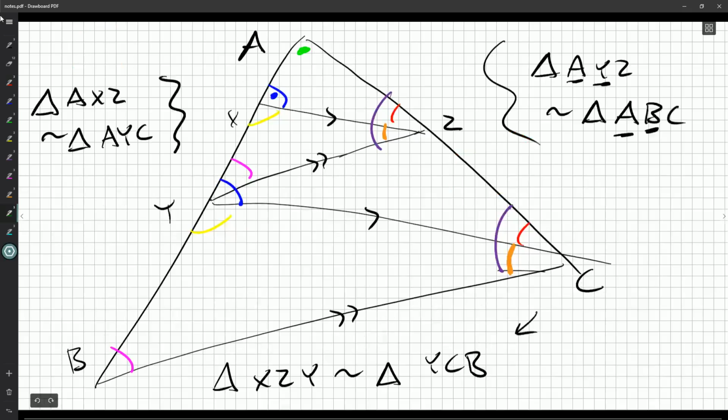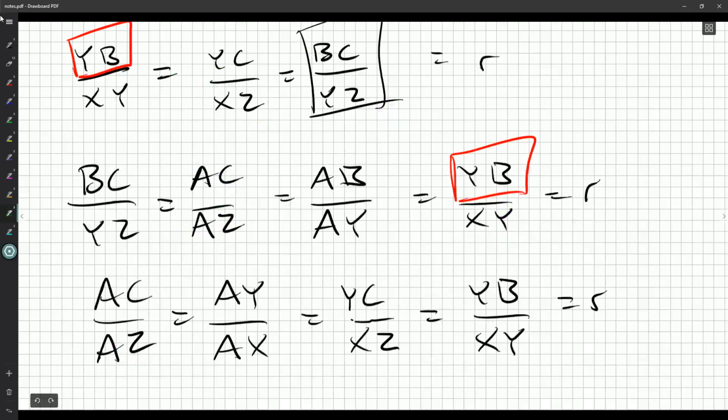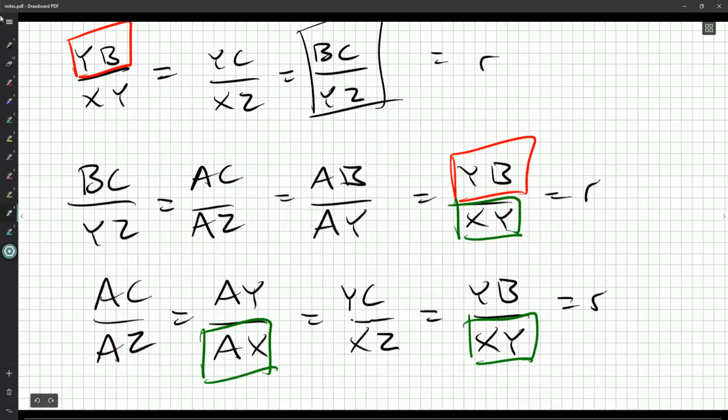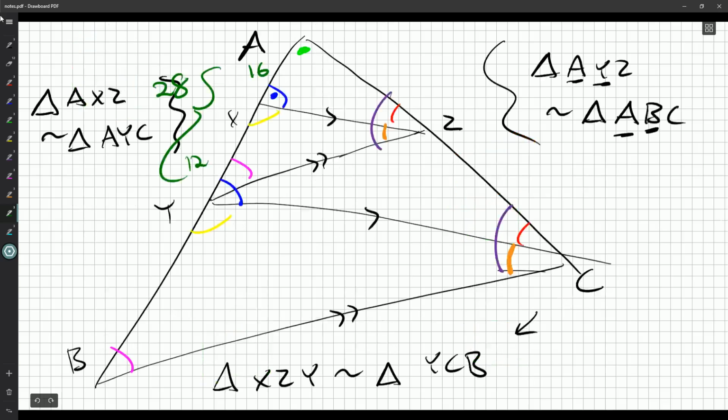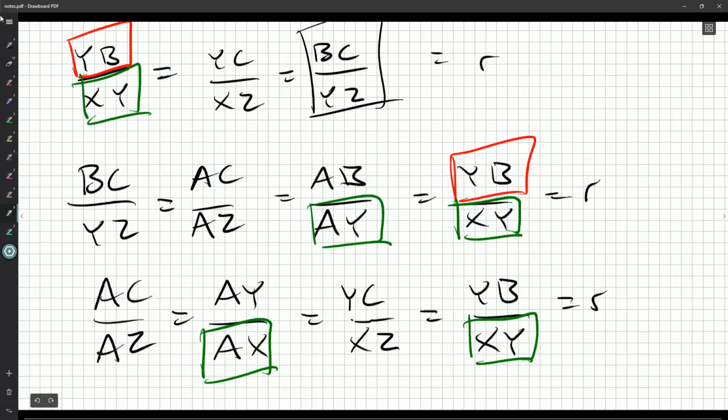So 16, 12, and 28. YB to XY is the same as AY over AX.